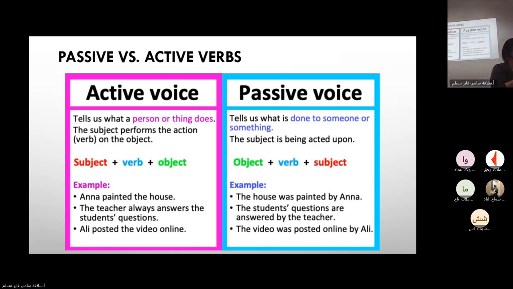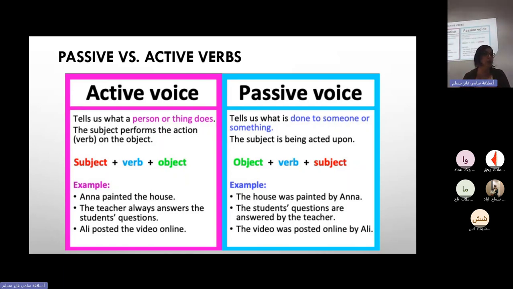Always pay attention: there is a rule for converting active to passive and passive to active. If the verb is in the past in the active, it stays in the past in the passive. If the verb is in the present in the active, it stays in the present in the passive, but which present? Is it the simple? The continuous? The perfect?